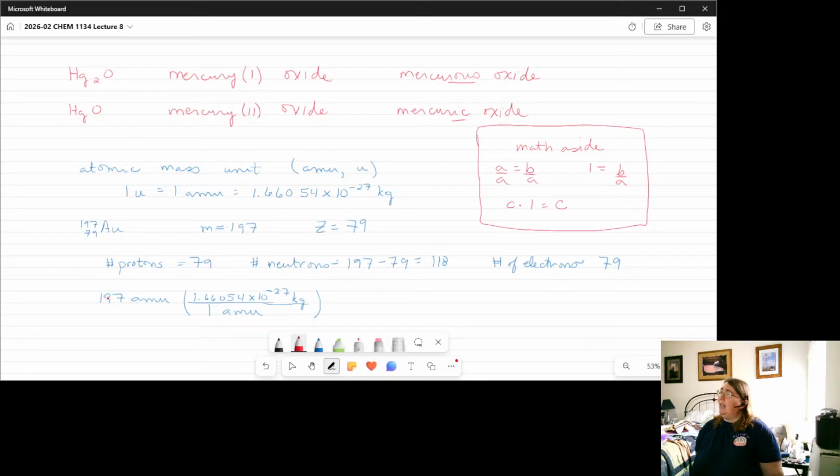So if I take 197 AMU and multiply it by 1, I still have 197 AMU. And in essence, 1.66054 times 10 to the minus 27 kilograms divided by 1 AMU is 1, based on this formula up here.